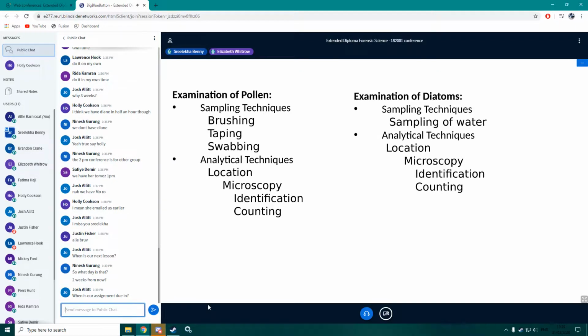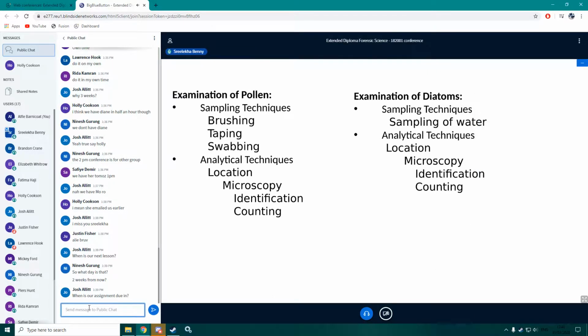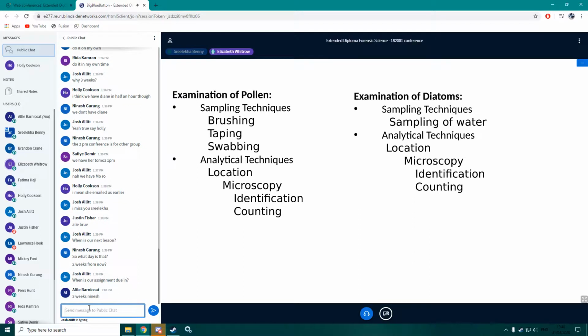So it should be on the 21st, isn't it, the assignment after Easter? If I give you the assignment after Easter, like the 21st, then you will have 3 weeks to do your assignment. Is that the last assignment we have to do? Yeah, that's the last assignment.